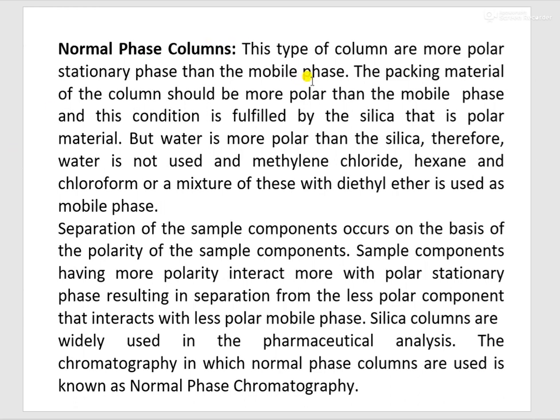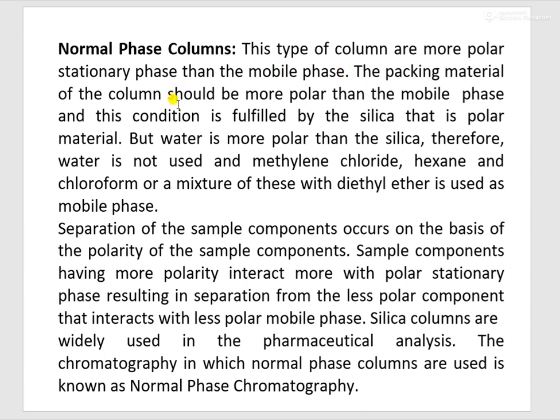Normal phase columns are more polar with respect to the stationary phase as compared to the mobile phase. So in a normal phase column, there will be a polar stationary phase, and the mobile phase will be relatively non-polar.